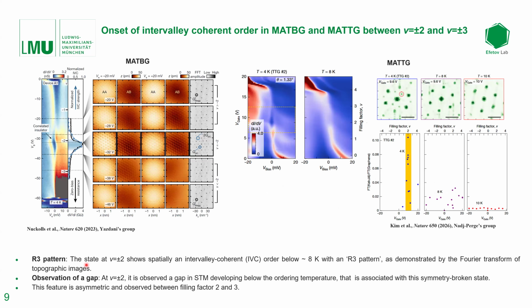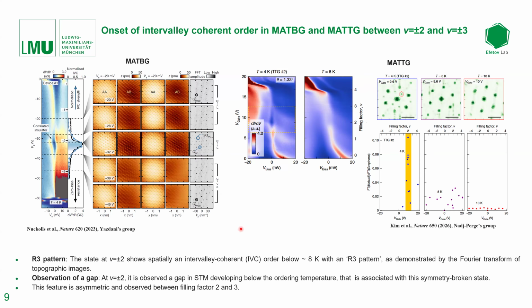Basically, the story is the following: the groups of Ali Yazdani and Stefan Nadj-Perge have been investigating the gaps around the filling factor -2 quite extensively. Whereas the group of Ali Yazdani was focused on magic angle twisted bilayer graphene, the group of Stefan Nadj-Perge was predominantly looking at magic angle twisted trilayer graphene.